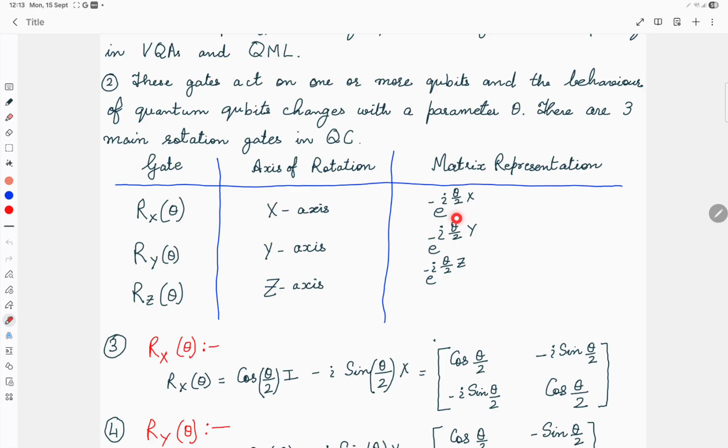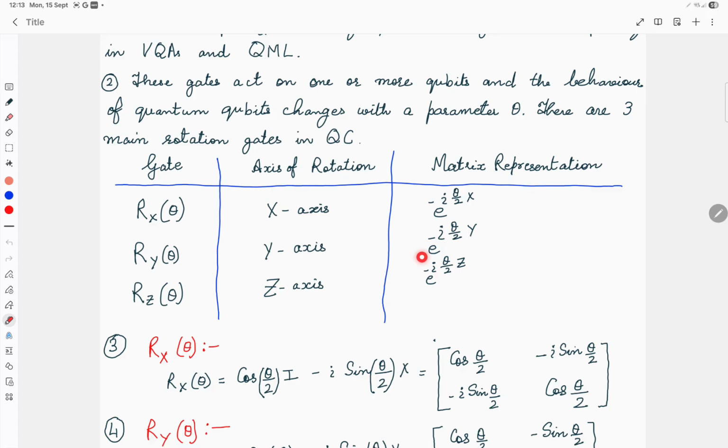The matrix representation of Rx theta is e to the power minus iota theta by 2, and this is the Pauli X gate. For Ry theta, that means the y rotation gate is similar to the rotation gate for the x-axis, but only the axis of rotation is replaced here.